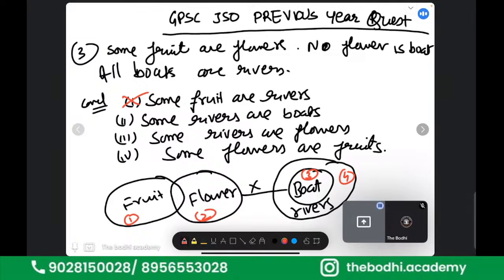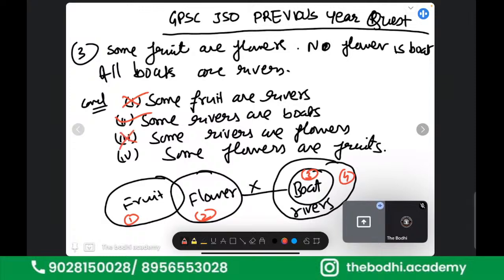Some rivers are boats. See, rivers are here and boats are here, and all the boats are inside the rivers. That means some rivers are boats is true, because any part of the boat is part of the river. Some rivers are flowers. Again, rivers are in the fourth element and flowers are in the second element, and there is no connection between the two. So saying that some rivers are flowers, we cannot say anything.